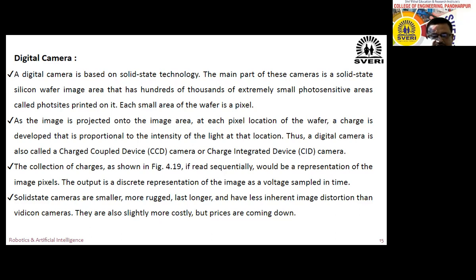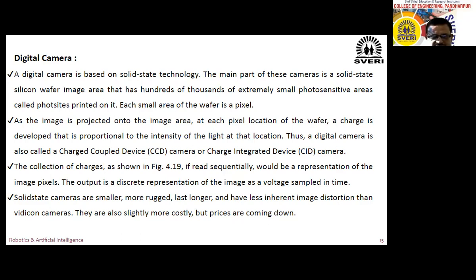Each small area of the wafer is a pixel. As the image is projected onto the image area, at each pixel location of the wafer, a charge is developed that is proportional to the intensity of the light at that location. Thus, a digital camera is also called a charge coupled device or CCD camera or charge integrated device CID camera.